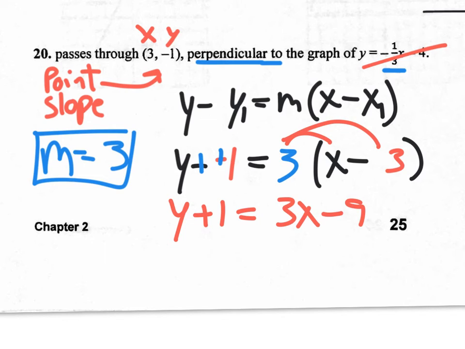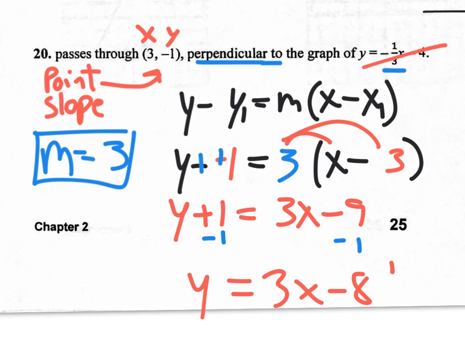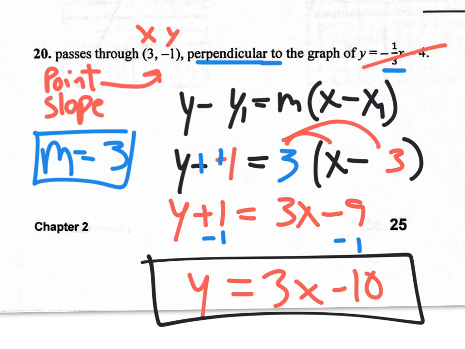And the final step to get in slope-intercept form would be to subtract 1 and subtract 1. So you would have y equals 3x minus 8. 10. Sorry, I was just checking if you were paying attention. Yeah, minus 10. So that's how you do it.